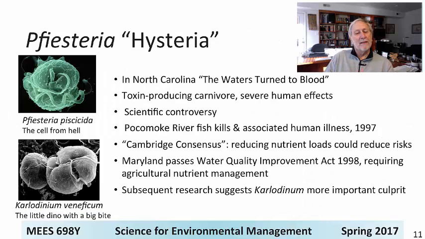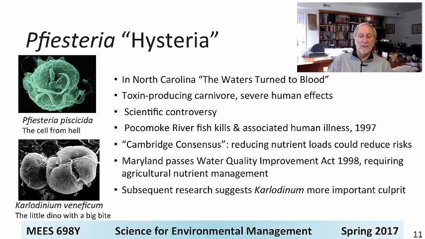So in the 90s, there was a widely publicized set of findings by Joanne Burkholder, a scientist at North Carolina State, that there were these dinoflagellates with very complex life histories that were enhanced by eutrophication and degradation of estuarine systems, and they would occasionally explode.